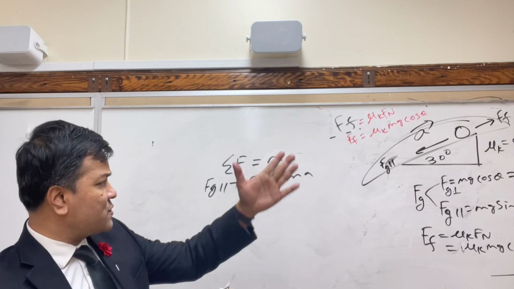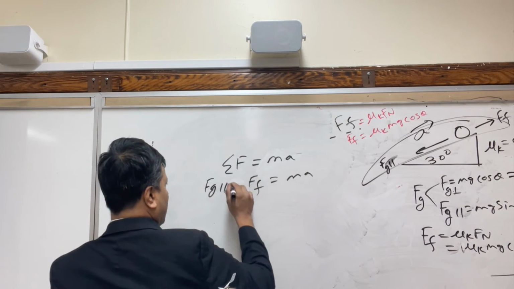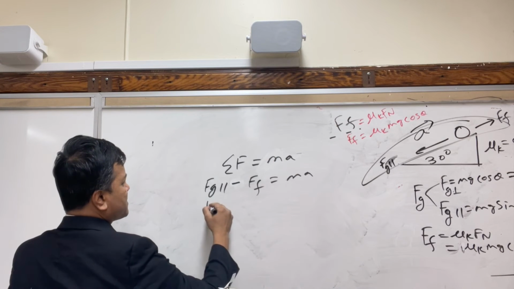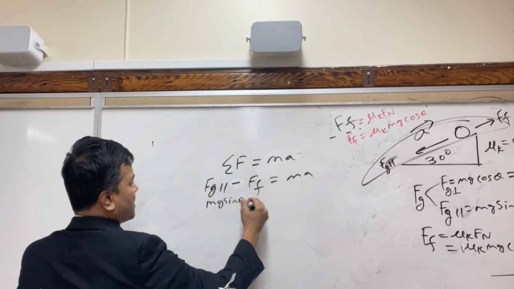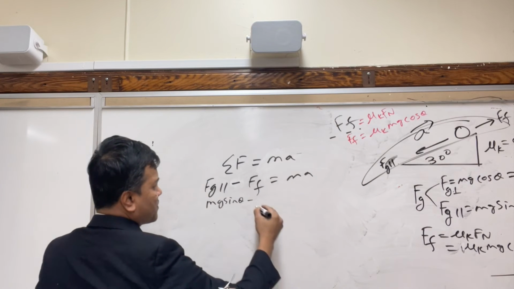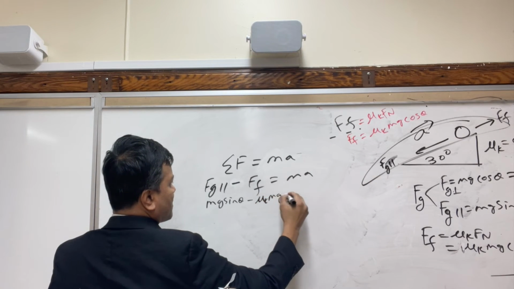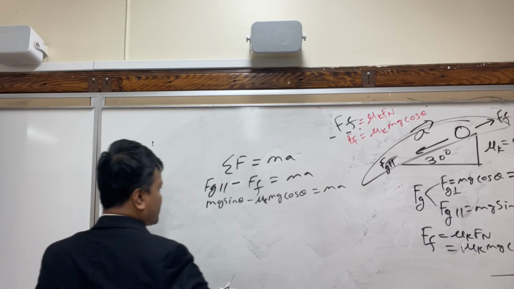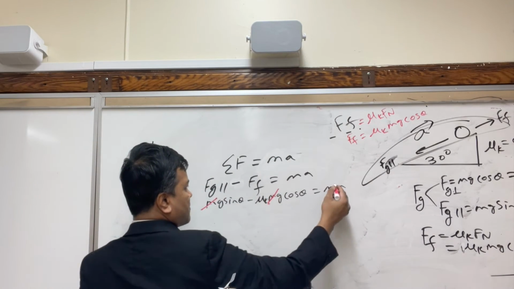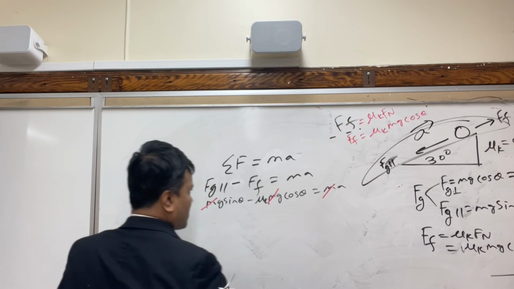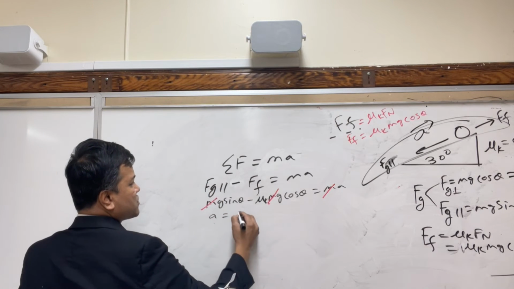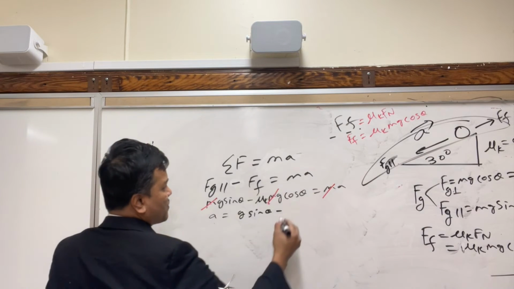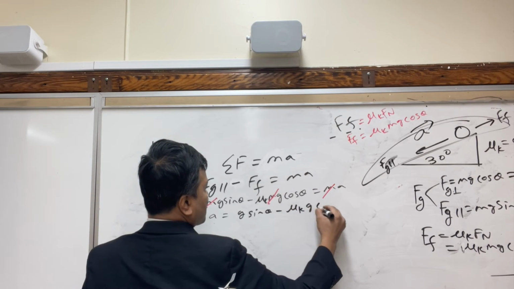This one is in the opposite direction. You will write it if you think. Fg is mg sine theta minus this one, mu k mg cosine theta, and this is ma. Bingo. You don't need mass. A is g sine theta minus mu k g cosine theta.